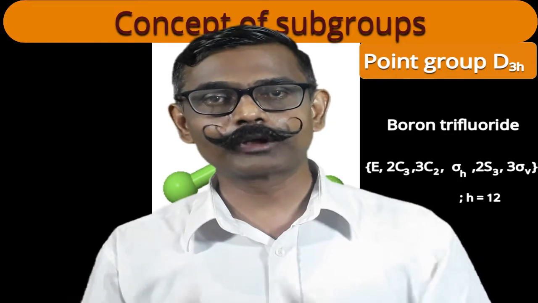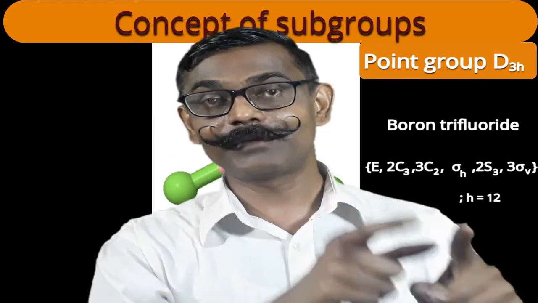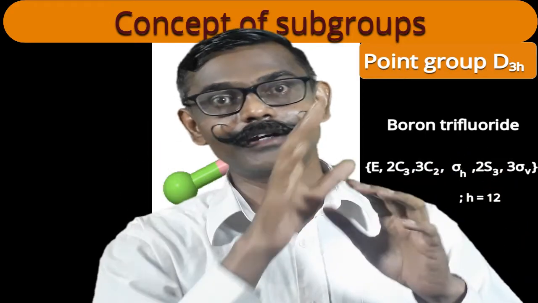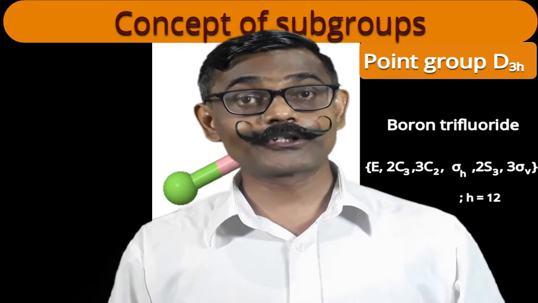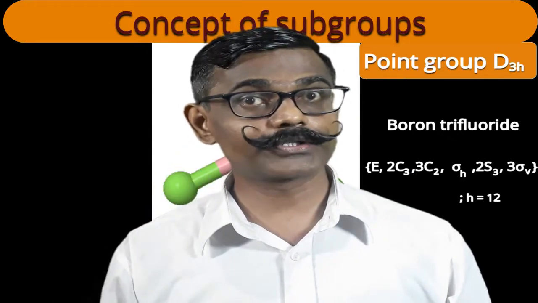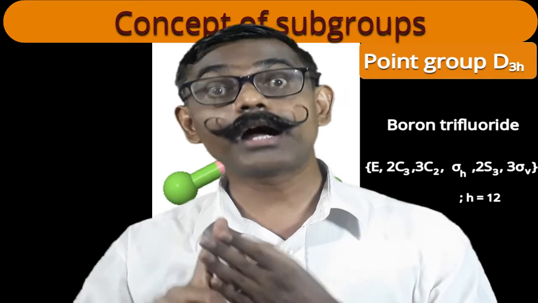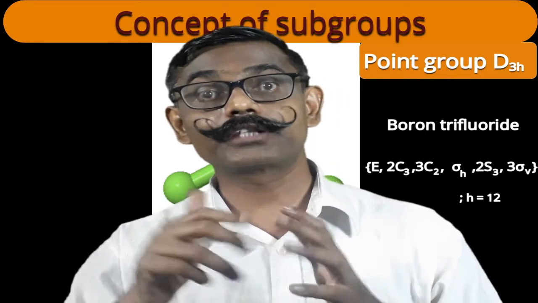In the C3v subgroup, identity, C3-1, C3-2, sigma dash, sigma double dash, sigma triple dash, 3 vertical planes will be there. If I consider the collection of 6 operations, pay attention, which I am considering: identity, C3-1, C3-2, sigma h, S3-1 and S3-5.